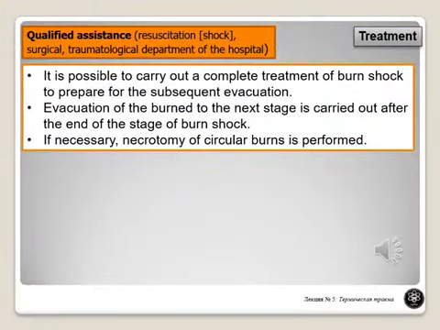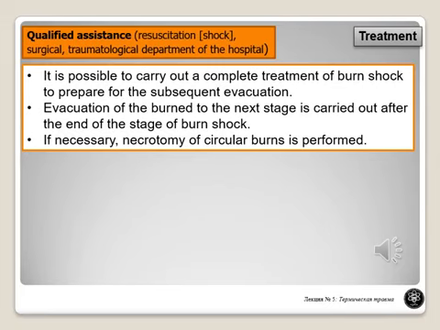So, the next stage, as we have already said, is the stage of qualified assistance. These are hospitals in which there are traumatology and surgical departments. These are central district hospitals, city hospitals, as well as the intensive care unit. In this case, patients will be sent to the intensive care unit in the presence of traumatic shock.